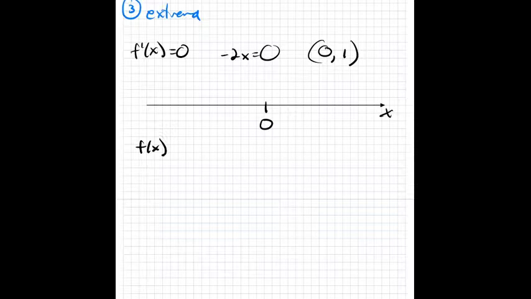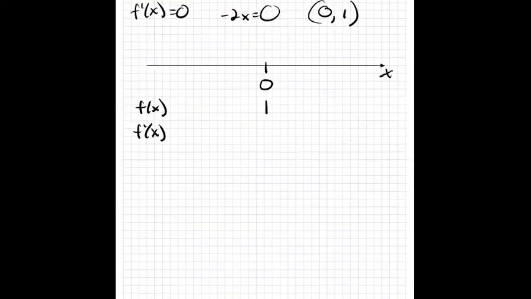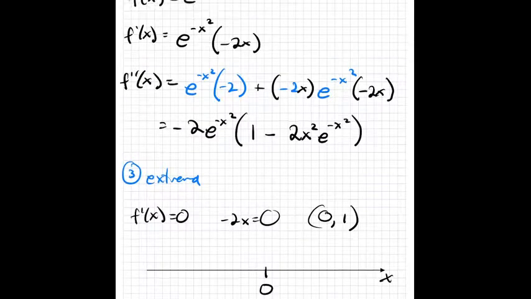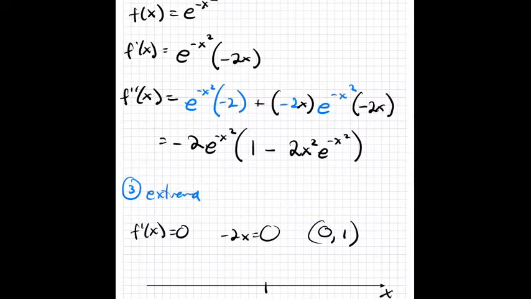If we look at the first derivative, when we plug in 0, I think it spits out 0. So to the left of 0, say -1, if we plug -1 into the first derivative, what happens? This is going to be positive, positive.